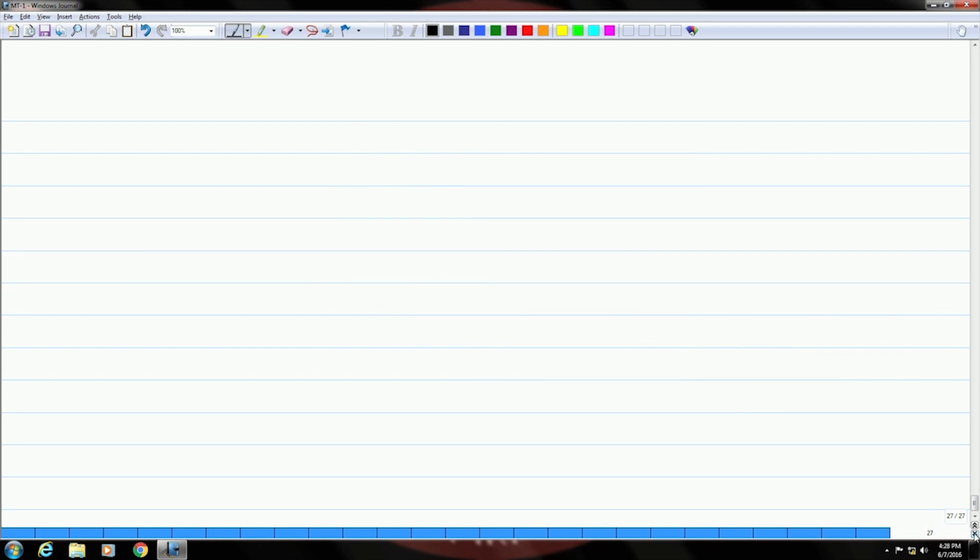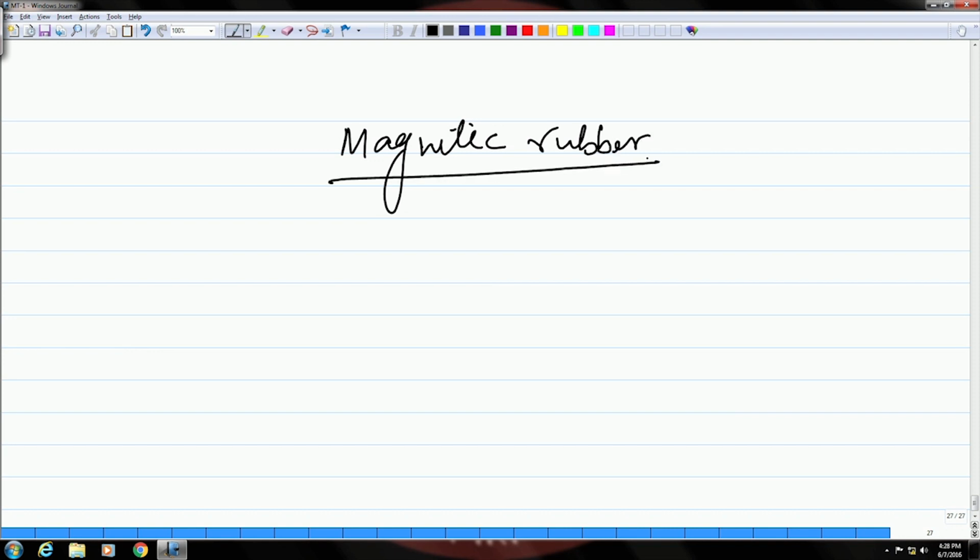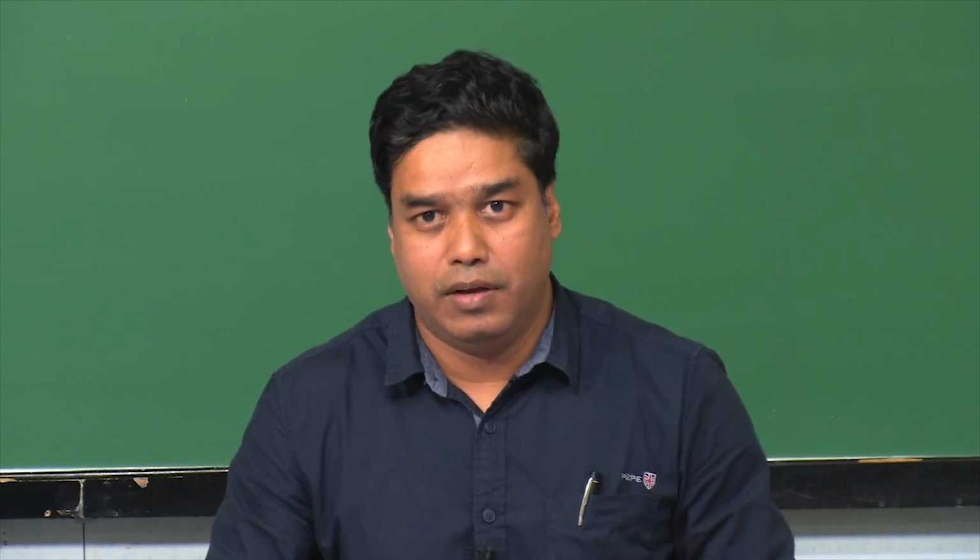There is one more thing that I should tell you here, something known as a magnetic rubber. So, just now we talked about a thick viscous liquid which is sometimes used for parts like overhead parts and things like that.